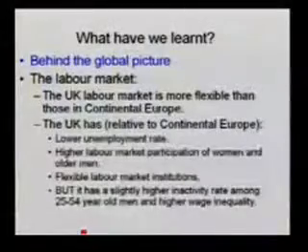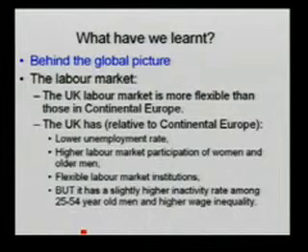Then the second part was where we went behind the global picture and looked at the labor market, because one characteristic was these differences in employment rates between northern countries and countries of continental Europe.